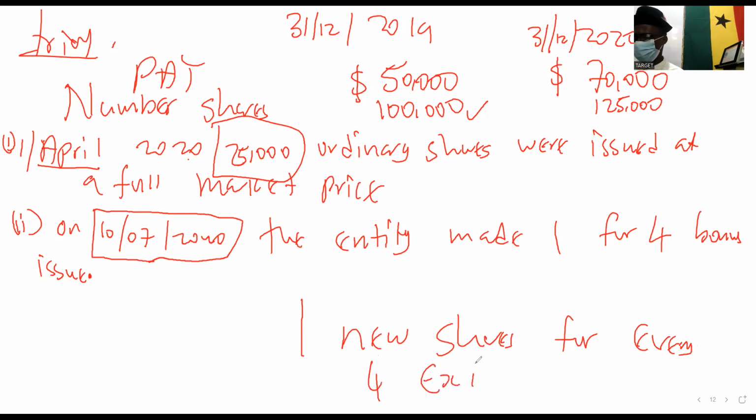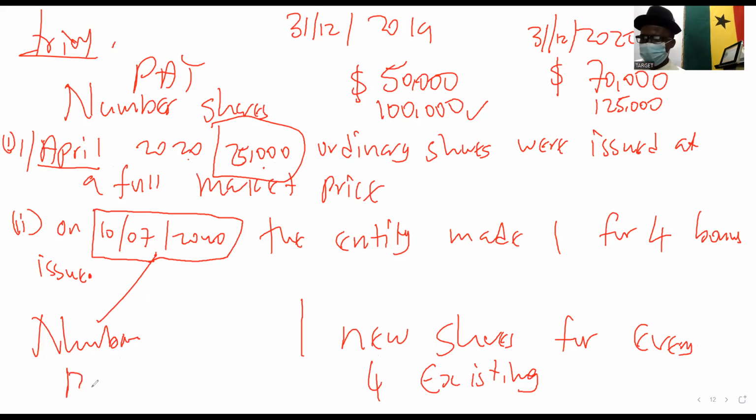So as at 10th of July, how many shares were there? The number of shares in existence as at 10th of July: they started the year with 100,000 shares. Along the line in April, they made 25,000, so now they have 125,000. So take notice of that.